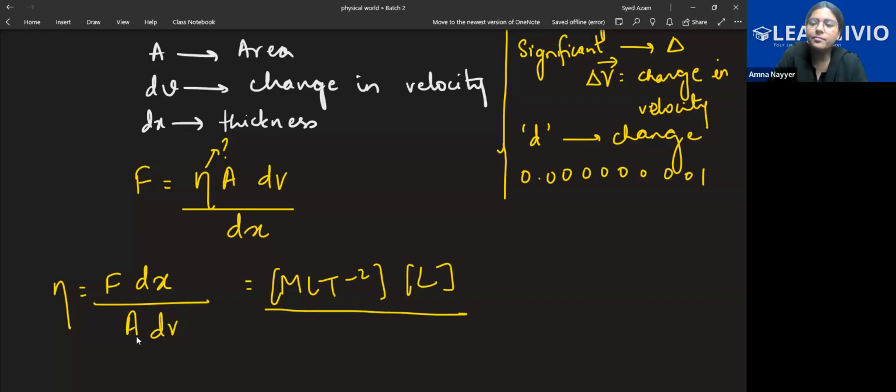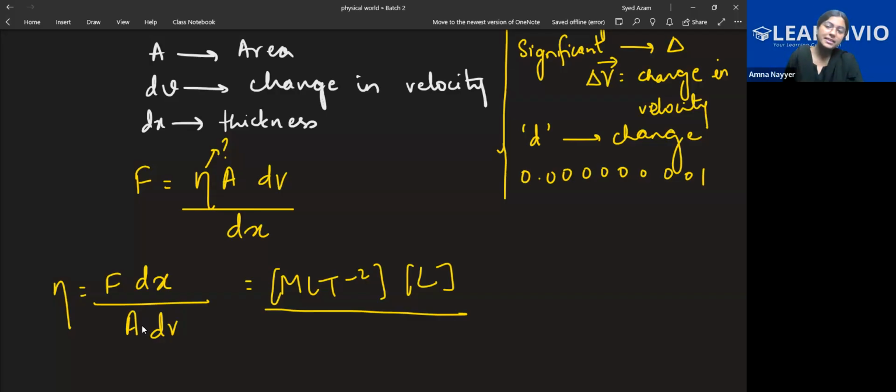What about area? The first question which we did. That is also a length.